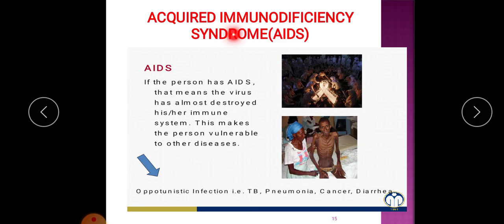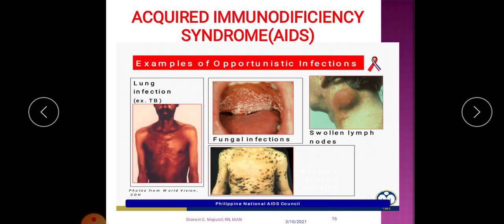So again, acquired immunodeficiency syndrome: if the person has AIDS, that means the virus has almost destroyed his or her immune system. This makes the person vulnerable to other diseases. Opportunistic infections such as tuberculosis, pneumonia, cancer, and diarrhea can invade the person with HIV or AIDS.